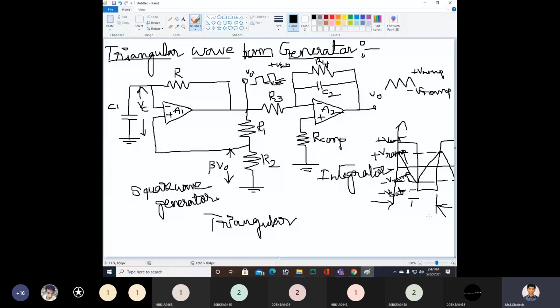The first square wave generator acts as a comparator, and its output is connected to the input of integrator A2, which produces the triangular waveform.